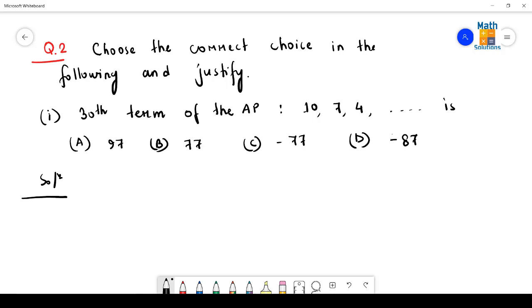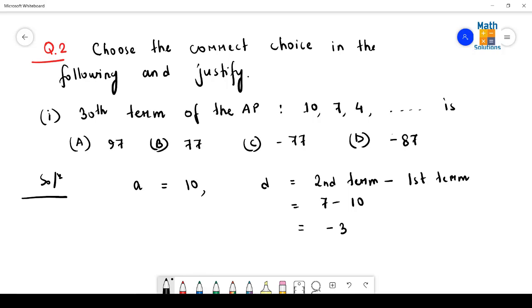So here in this case the 38th term of the AP we have to find out. So very clearly the first term A is given to be 10. Common difference D will be second term minus first term. Then the result comes as 7 minus 10, and we are getting the value as minus 3.